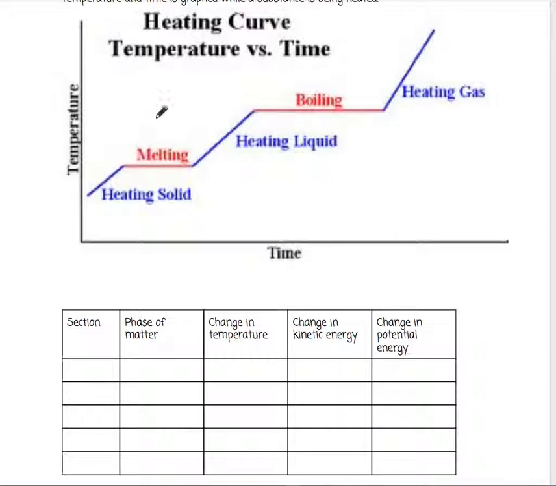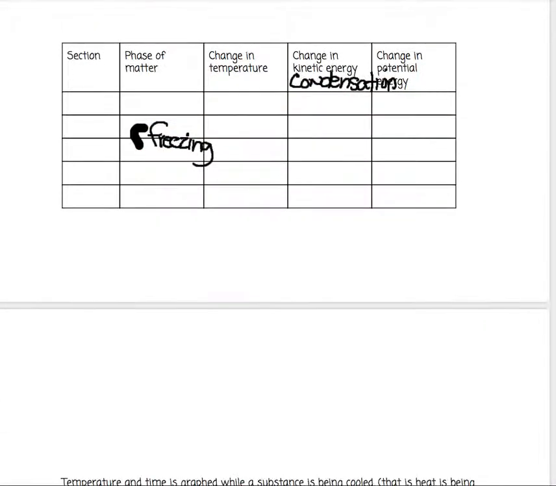If they ask you what the freezing point is, it is the same as the melting point. And the point of condensation is going to be the same as the boiling point. Okay? Alright, let's move on and see if I can get the pen to work for my next graph.